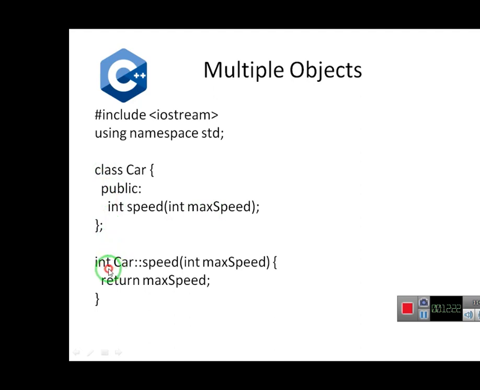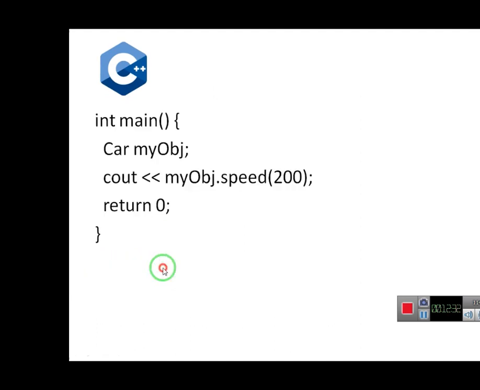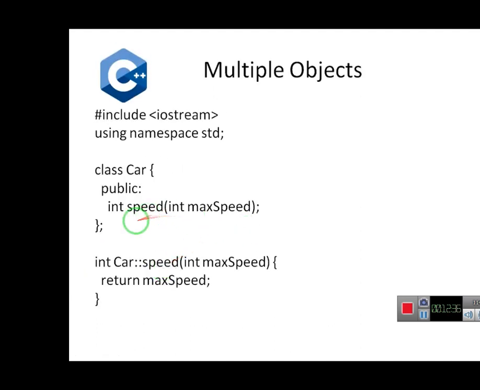Now we are defining what we just declared here. We declare int Car, scope resolution symbol, speed, and int maxSpeed is the parameter which is to be taken. This method returns maxSpeed.